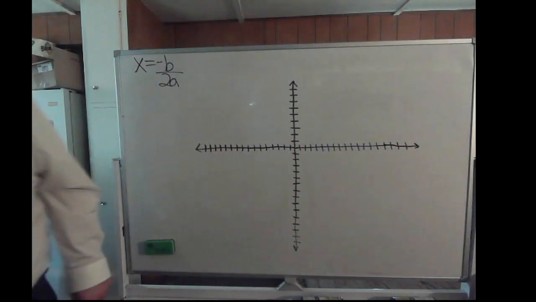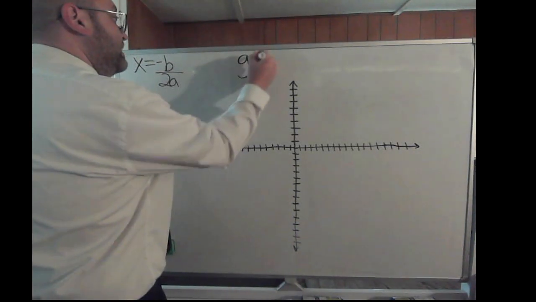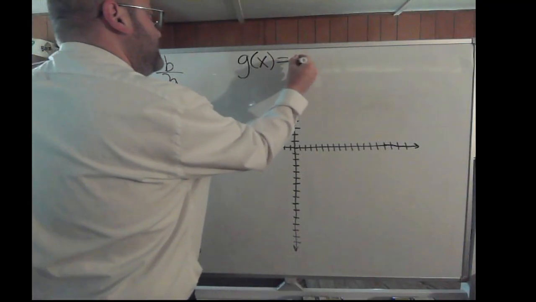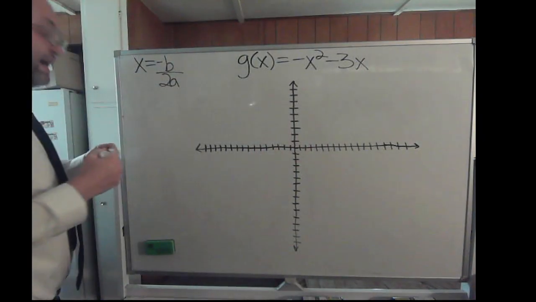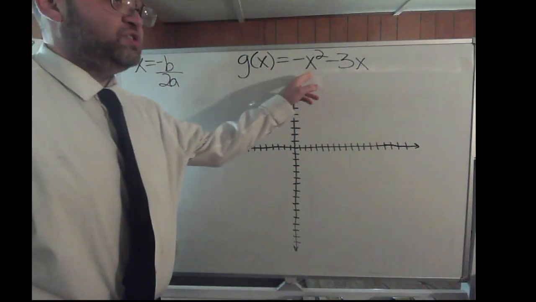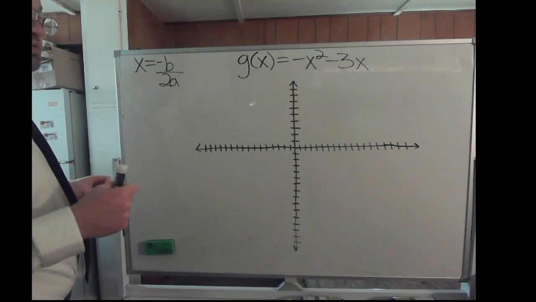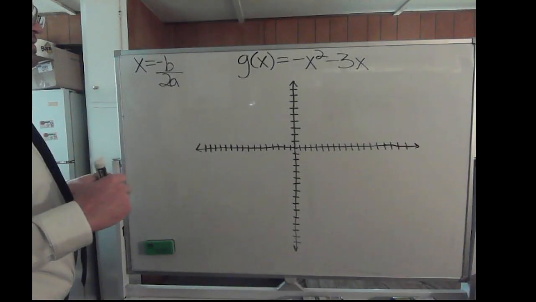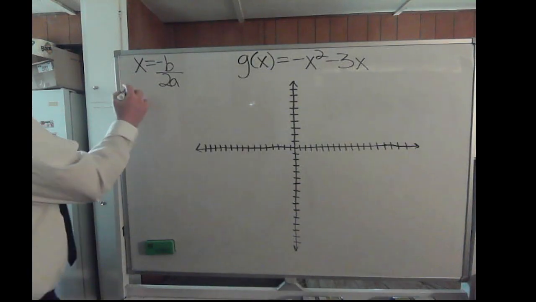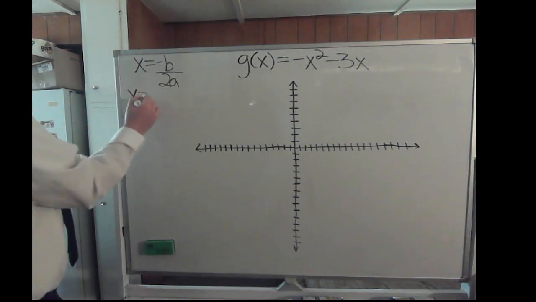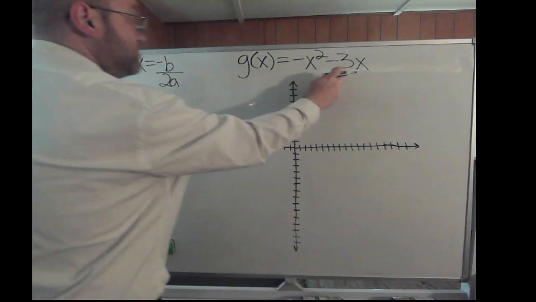Get started with the first example here. g of x equals -x squared minus 3x. So first thing you want to do, like what we did yesterday, find the vertex of the graph. That's going to be x equals -b over 2a. So in this case, the x coordinate will equal, b, which is the coefficient of your x to the first term, is -3.